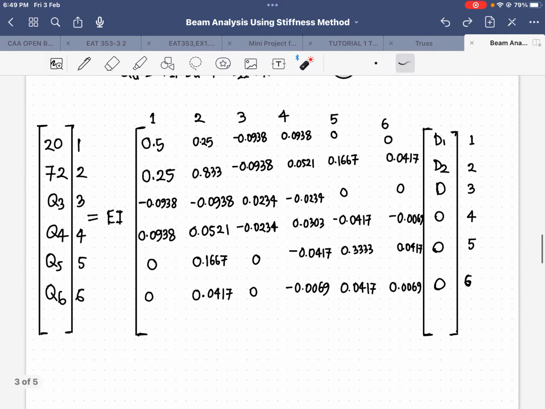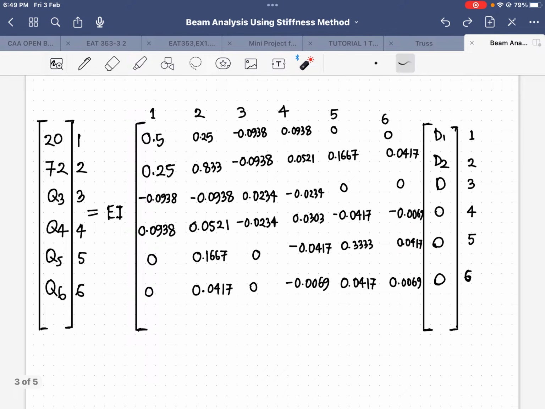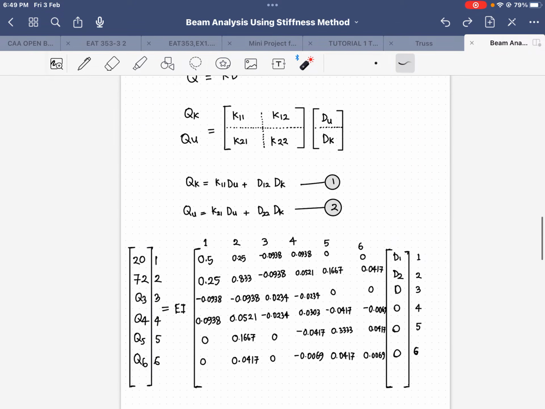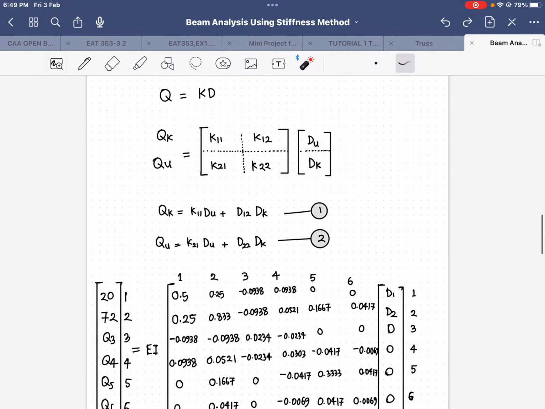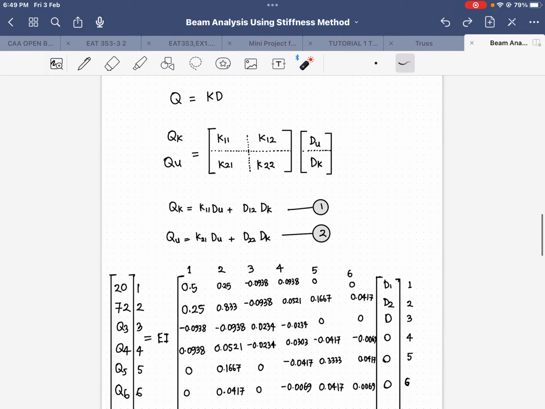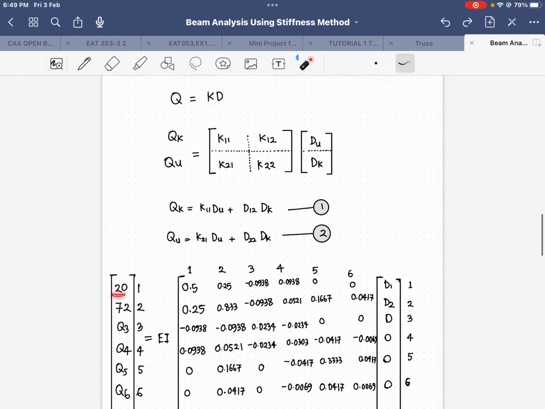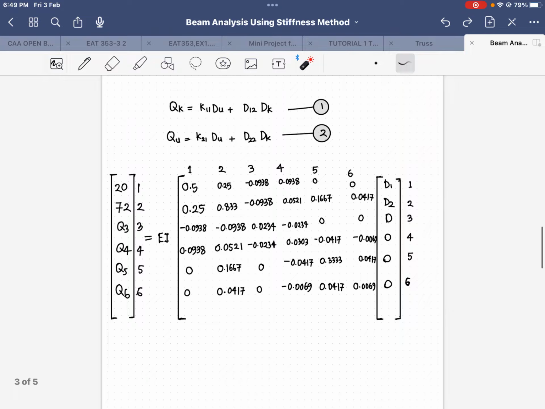All right, once we get the values in here, we will plug them into the formula. So what is our formula? This is the Q value, so that's why I put the Q. You remember, this is QK and this is QU.